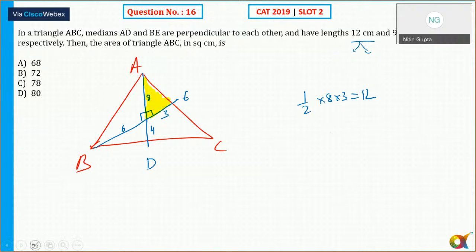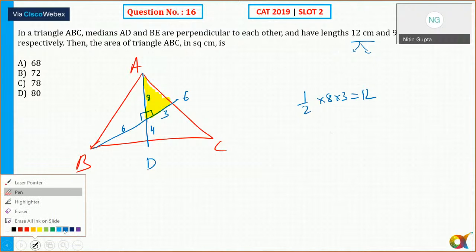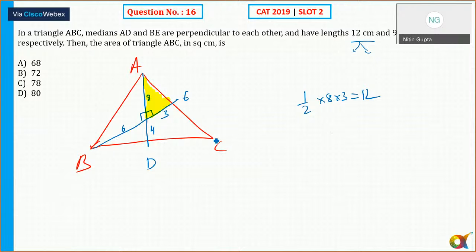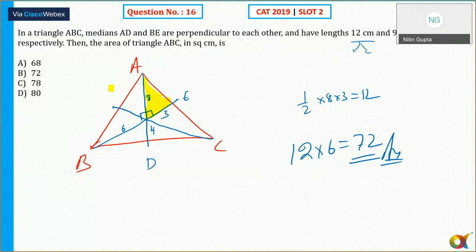And we know that the median always divides the triangle into 6 equal areas, and the area of all the 6 are always the same. So area of the yellow triangle is 12. So the area of the entire triangle ABC will be 72, which is option number B.